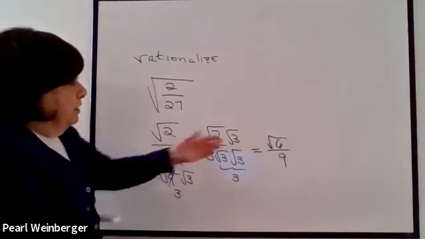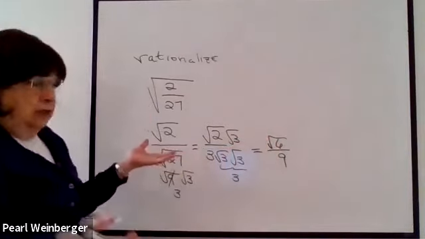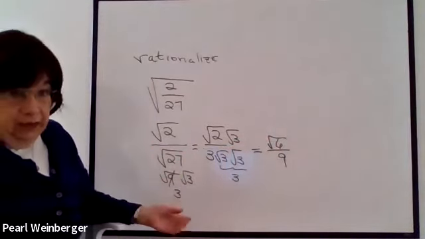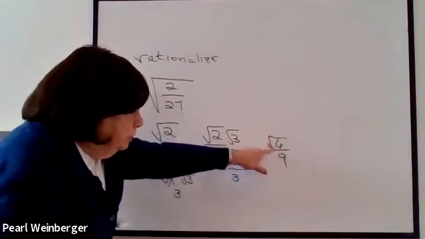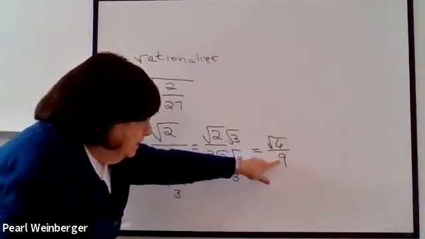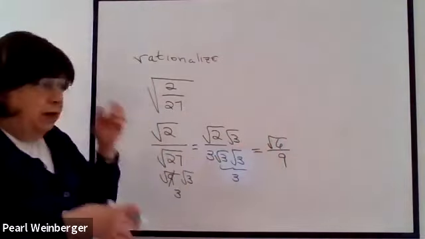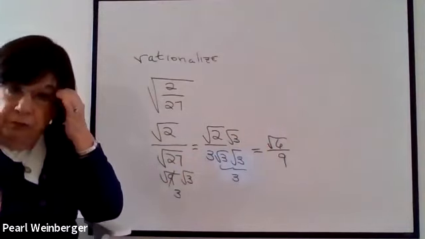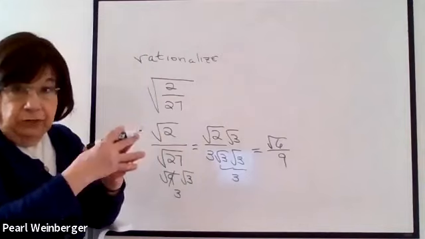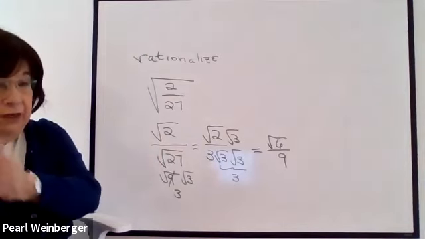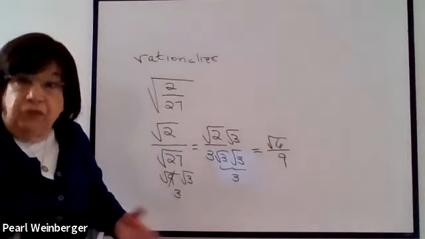And my final step is to see, can I simplify this radical 6? And no, the answer is not. There's nothing I can break it up into. I also can't reduce this because this 9 is outside a radical and this 6 is inside a radical. Just like with multiplication, you can only multiply outsides by outsides and insides by insides. The same thing is true with division or fractions.